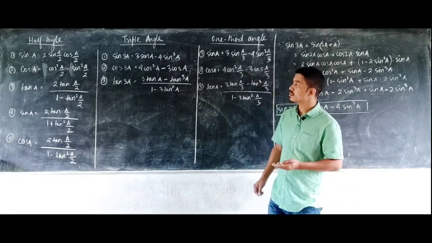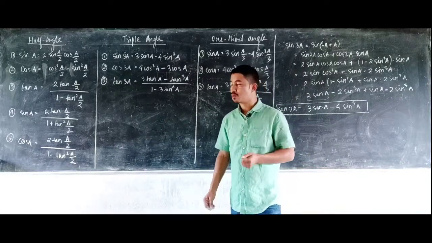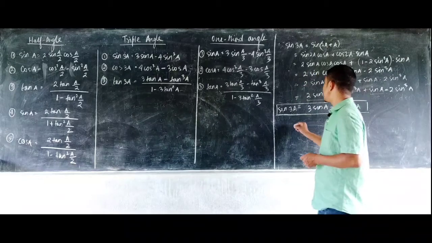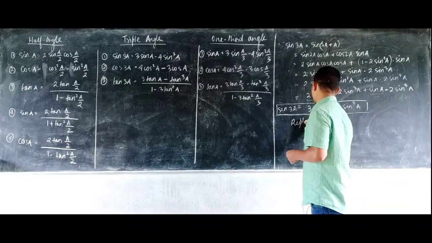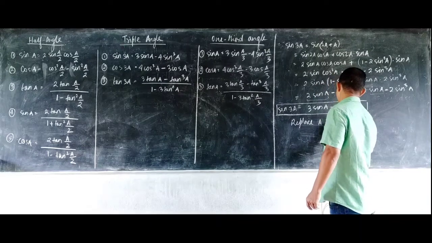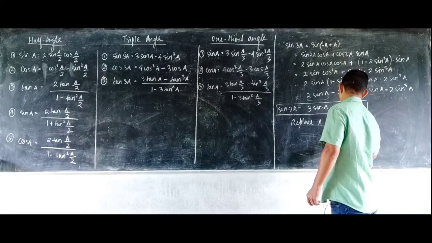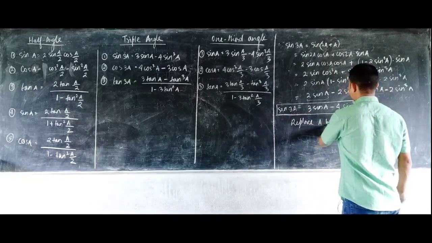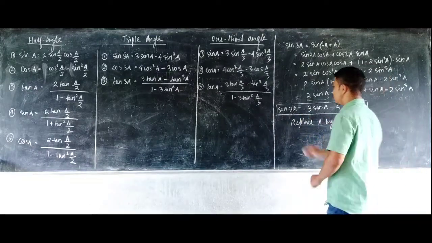Now coming to the 1/3 angle formula. Just like in the half angle formula, where we replaced a by a/2, in order to obtain the 1/3 angle formula we replace a by a/3 in the triple angle formula. What do we obtain?